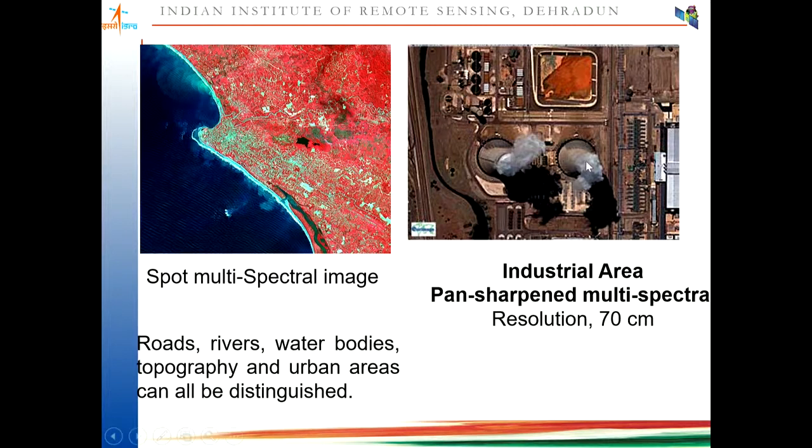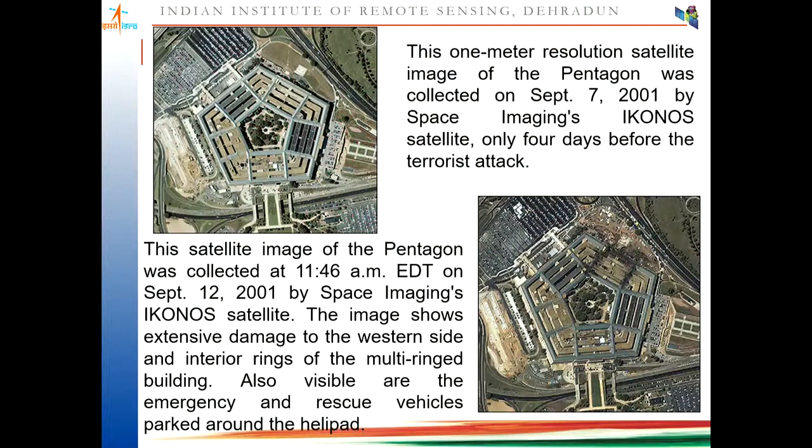Industrial setup with chimneys, storage tanks, maybe chemical tanks or whatever, and storage sheds. These are all associated with industrial kind of setup. Now here you see this is a famous building, the Pentagon in the United States, and here you see it is the same image pertaining to two dates, and there is a change in the physical condition of the building.